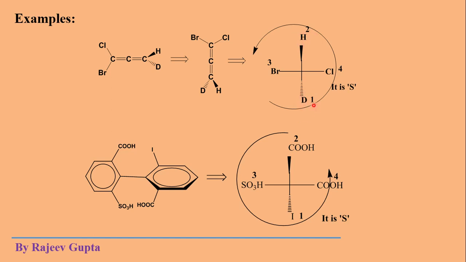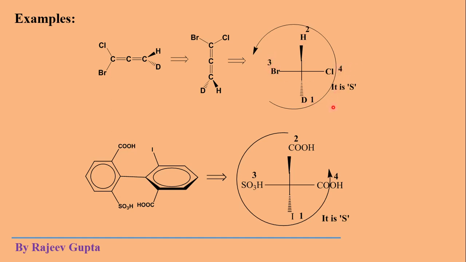So deuterium will get priority first and hydrogen will get second. Now move to this horizontal portion. Bromine and chlorine. Bromine has higher atomic number compared to chlorine, so it will get higher priority, so it will get third number. Okay, 1, 2 and 3. Now the last one is 4.